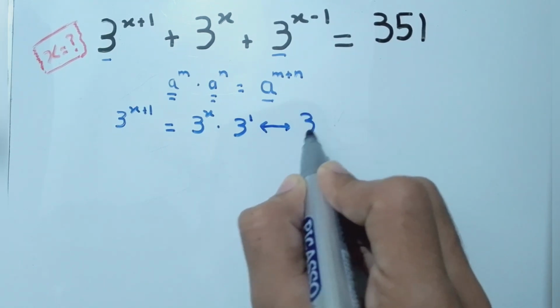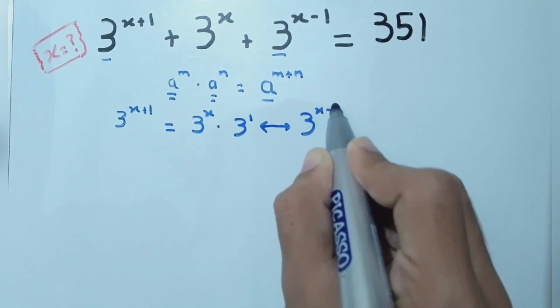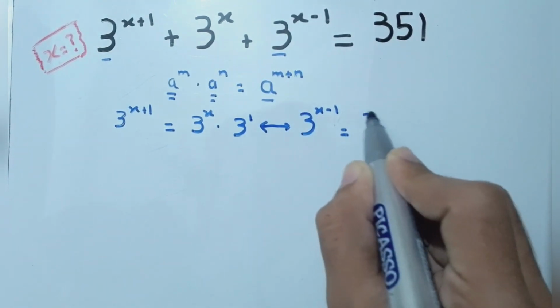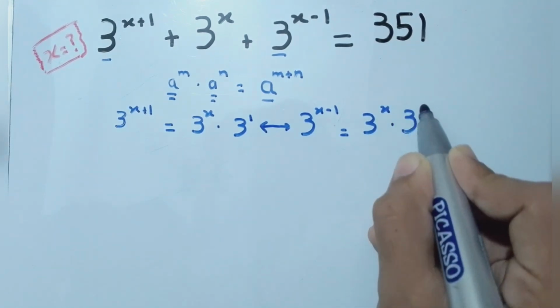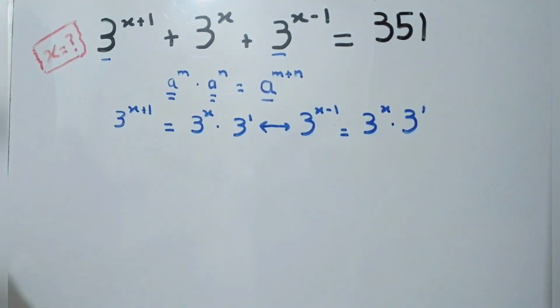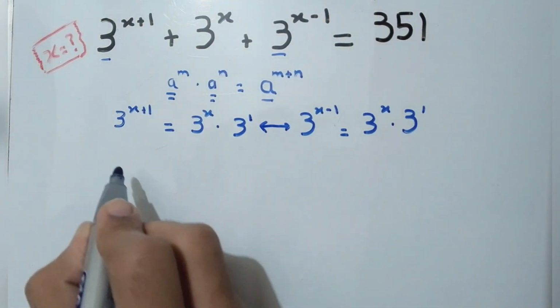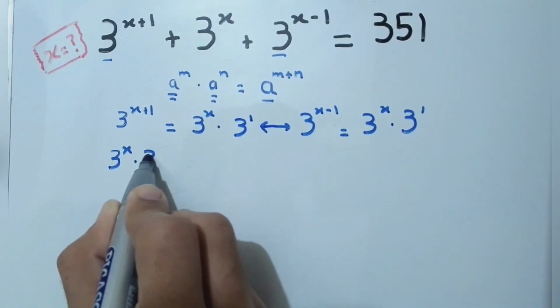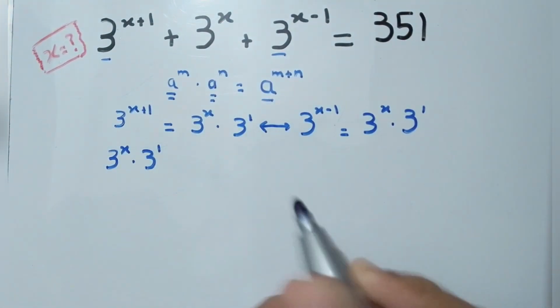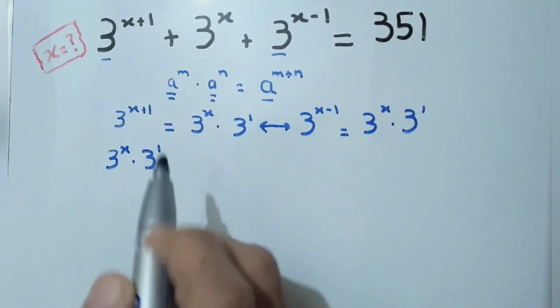This is 3 raised to power x minus 1. We'd break it down into 3 raised to power of x multiplied by 3 raised to power of minus 1. You see how simple that was, and now we would rewrite the equation. 3 raised to power of x multiplied by 3 raised to power of 1. Where did this come from? This came from the breaking down of this term.